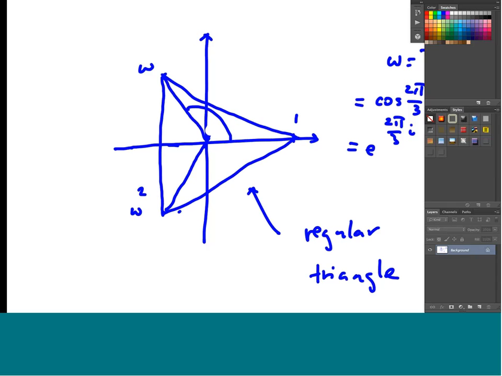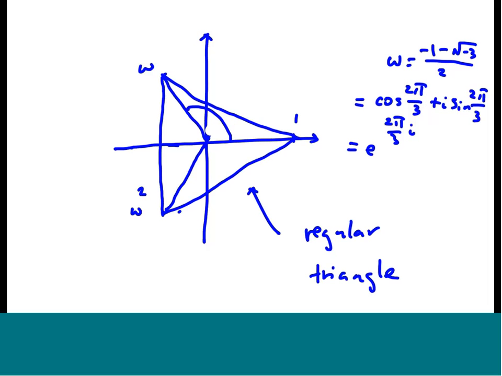Next, let's see a different one, the fourth roots of unity. We already see 1 here, then i here, then negative 1 here, then negative i here, right?